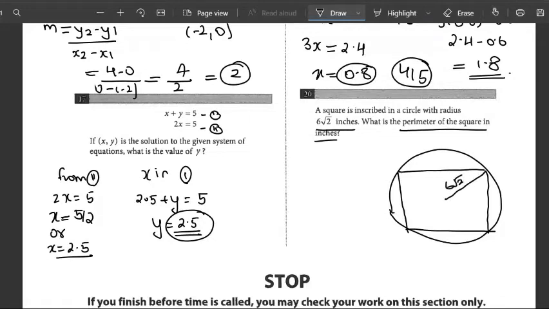So to find the perimeter is 4 into the side A. So even this would be 6 root 2. And since it's a square, its sides are equal. So this would be A, and the angle is 90. So let's label this ABC. In triangle ABC, we can then do Pythagoras Theorem.